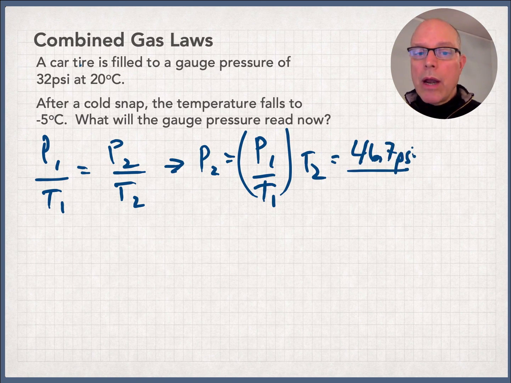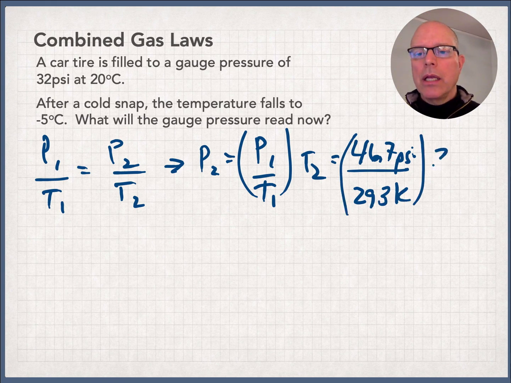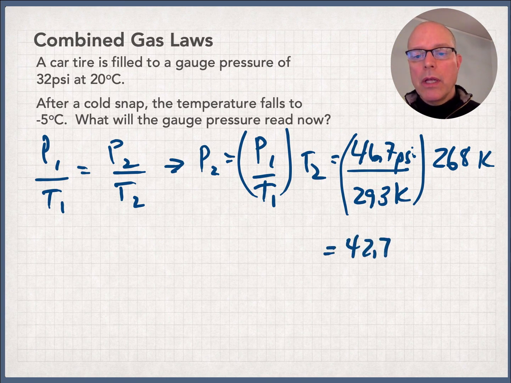It really does matter that you get those temperatures in kelvins. This will not work at all if you don't. So this is 293 kelvins. Kelvins are the only temperature scale that really means anything in the actual universe. So 268 kelvins is our -5 degrees, our second temperature. And what I get there is 42.7 psi.